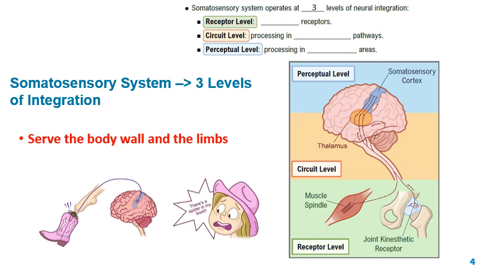So you're going to have 3 levels of integration of all of these signals, right? So the first level here is really at the receptor level, okay? So those are your sensory receptors. And then the second level is at this circuit level that is going to bring the information through ascending pathways, right?